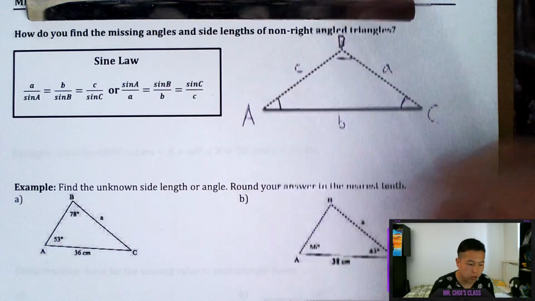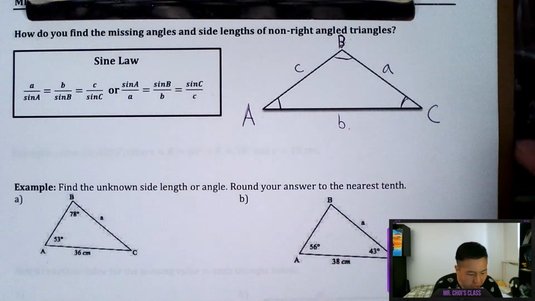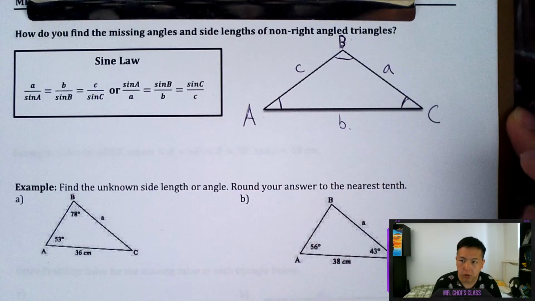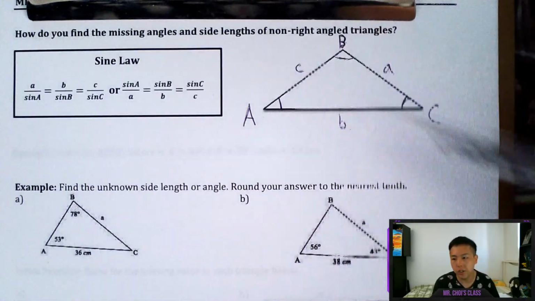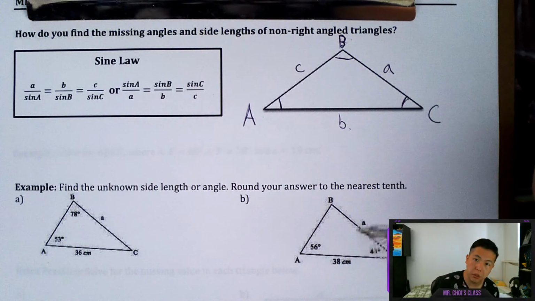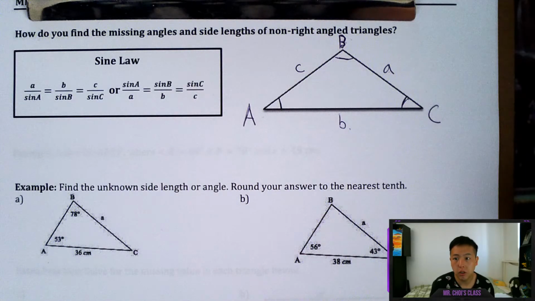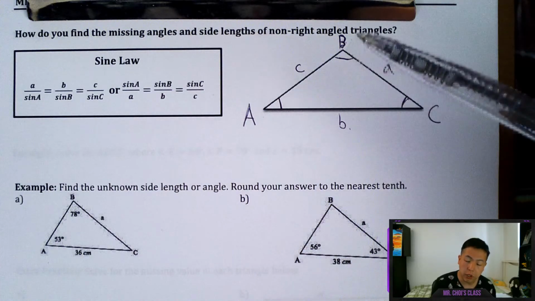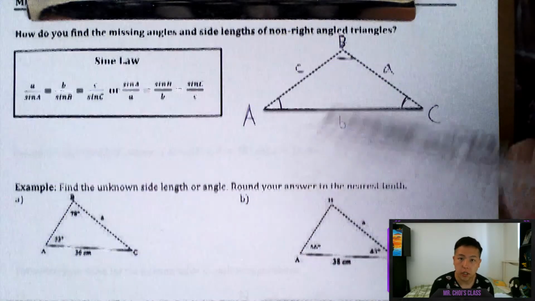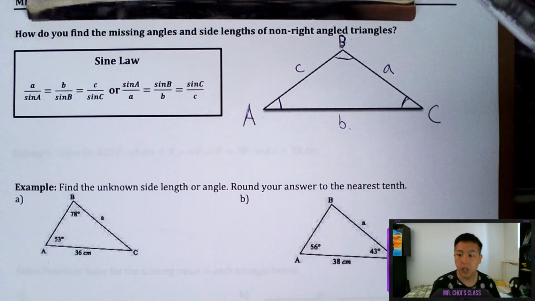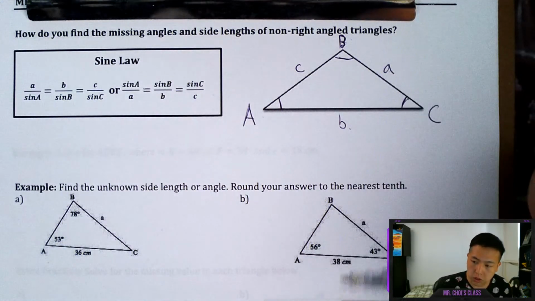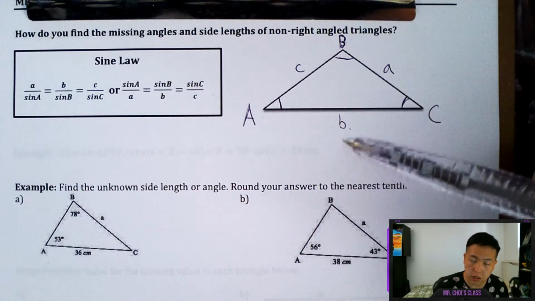Okay. If we don't have right angle triangles, because we use primary trig ratios, SOHCAHTOA, that's all for right angle triangles. But if we don't have right angle triangles, we need to find another way to solve our triangles. We're going to learn two methods, the sine law and the cosine law.